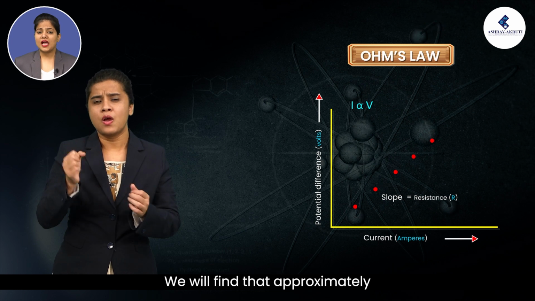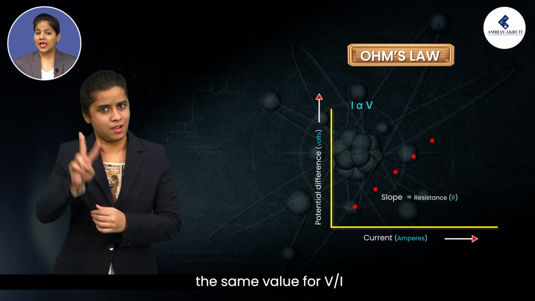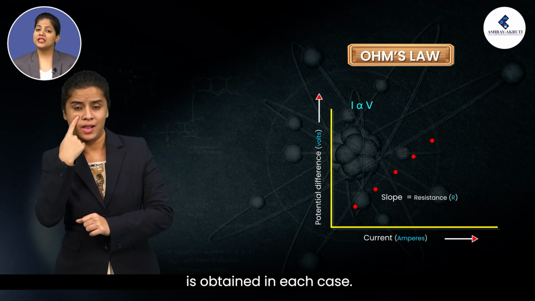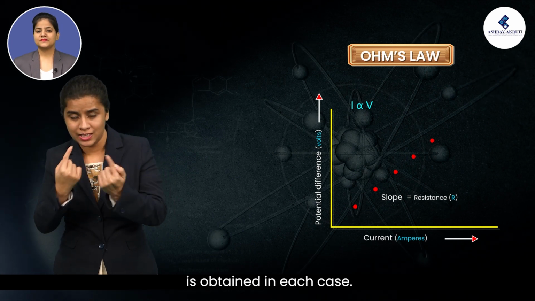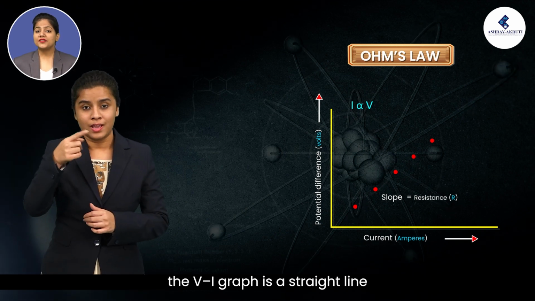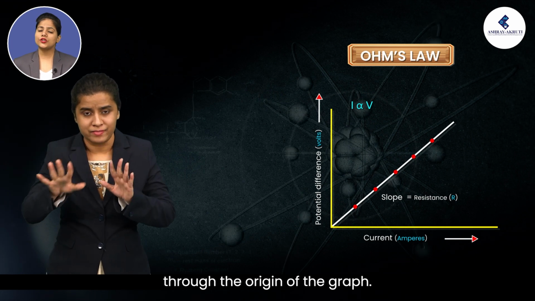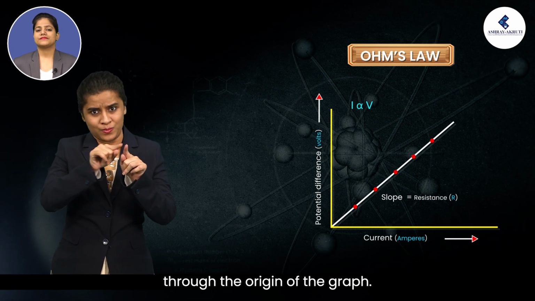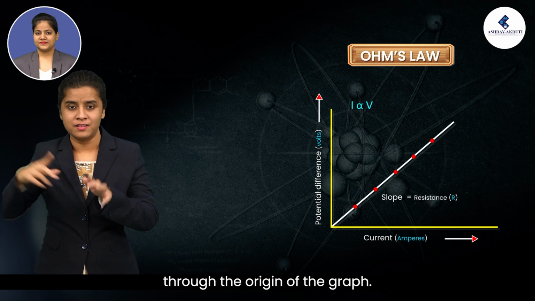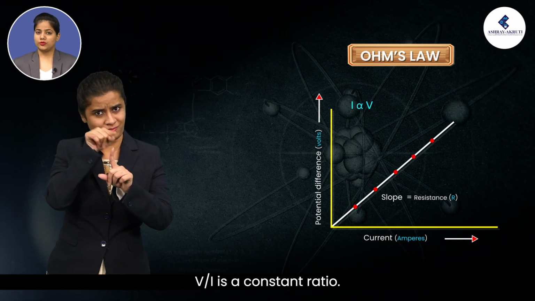We will find that approximately the same value for V by I is obtained in each case. Thus, the VI graph is a straight line that passes through the origin of the graph. Thus, V by I is a constant ratio.